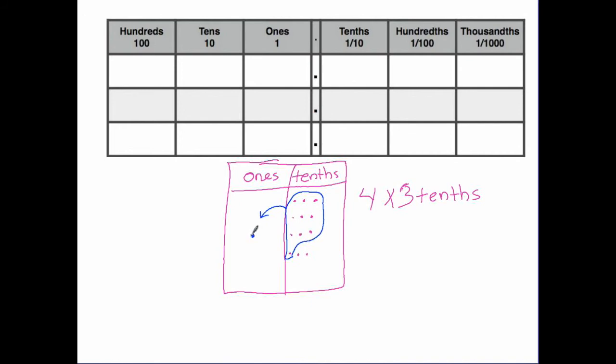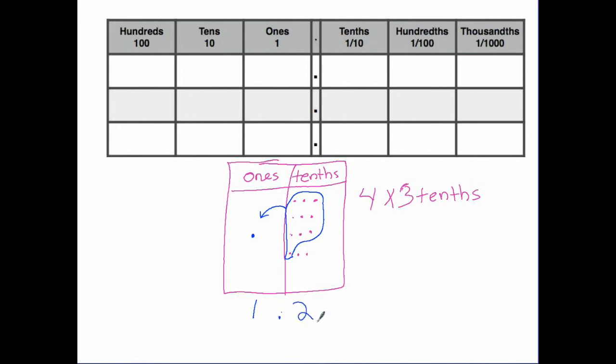So how much does that leave me with? 1. Don't forget, when you go from the ones place to the tenths, you make a decimal. And what do I have left over here?